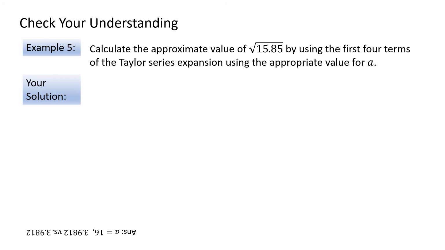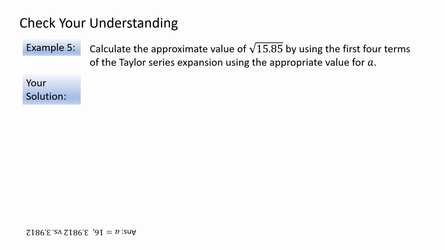A square root is you're trying to find two numbers that multiply together. If we can break it out into polynomials like we are doing, those are numbers that you can actively calculate without a calculator. So looking at this, just like our sine and cosine functions, we were always looking for that known value, so 45 degrees or 30 degrees or 60 degrees. And it's no different here. You want to find a value for a that is a known square root.